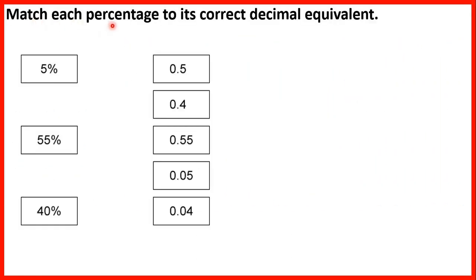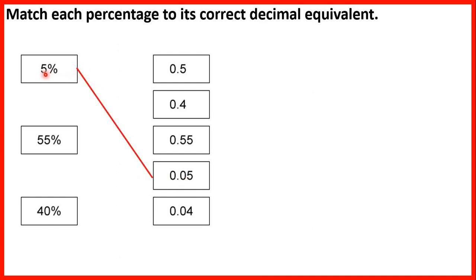Match each percentage to its correct decimal equivalent. So we need to remember that a percentage is a fraction with a denominator of 100. So 5% means 5/100ths. And we also need to remember that with decimals, the 100ths digit is the second digit after the decimal point, because the first digit is the 10ths digit.